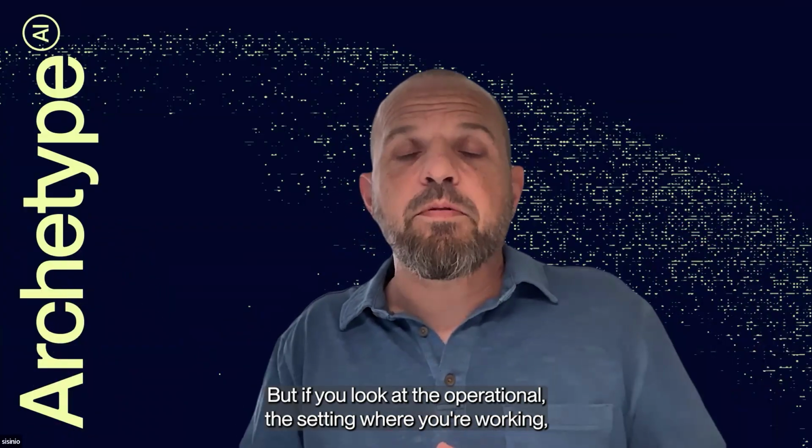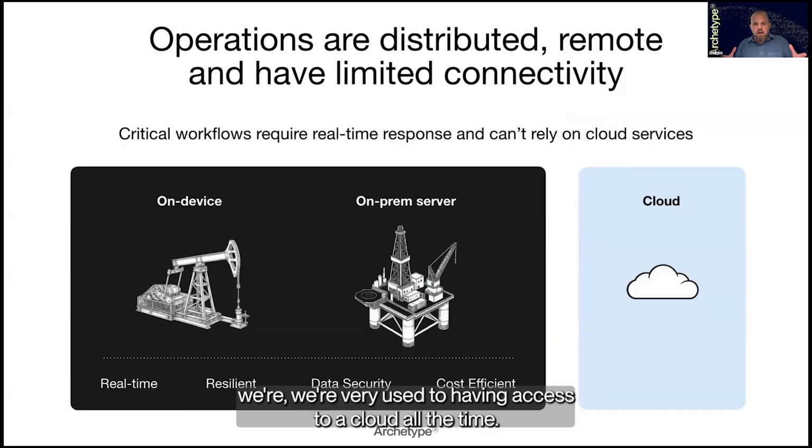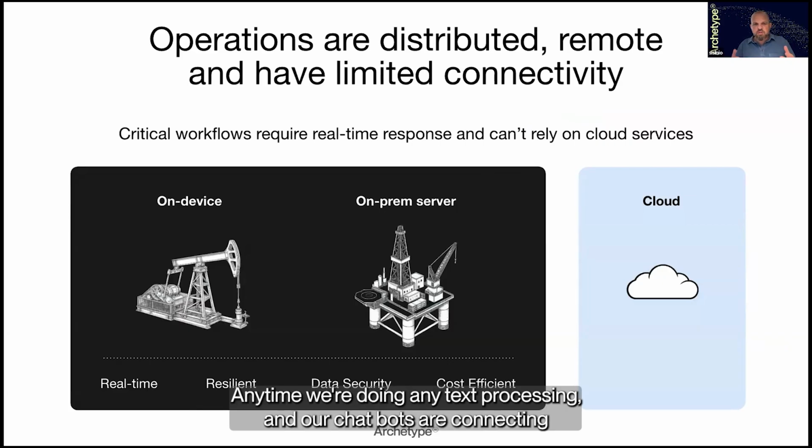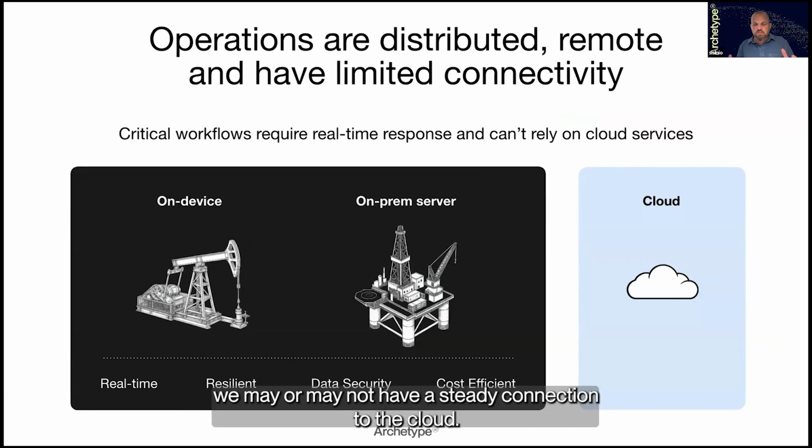But if you look at the operational setting where you're working, we're very used to having access to a cloud all the time. Anytime we're doing any text processing, our chatbots are connecting to a large data center somewhere. In the field, we may or may not have a steady connection to the cloud.